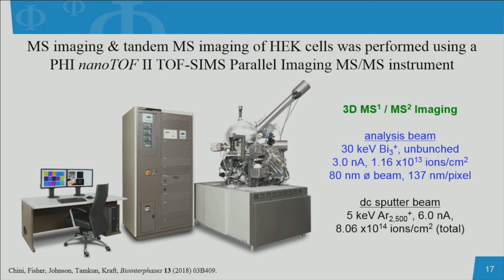We measured a beam diameter of 80 nanometers, but our pixel dimension for our imaging analysis is 137 nanometers per pixel. And to collect the three-dimensional information, we did ion sputtering with argon 2500 to a total ion dose of approximately 1e15 ions per square centimeter.